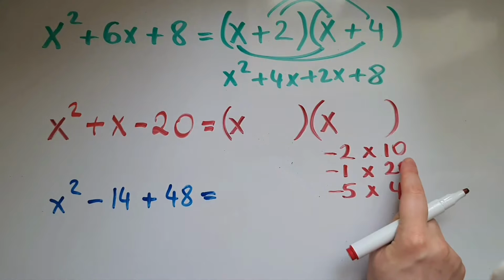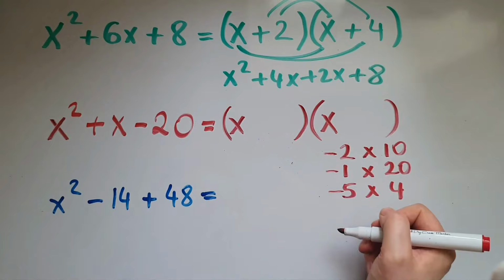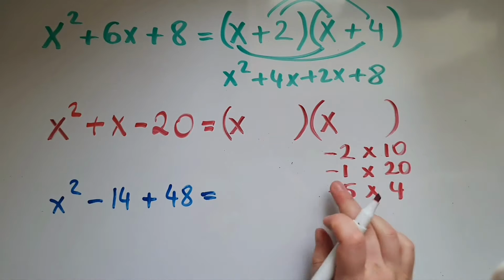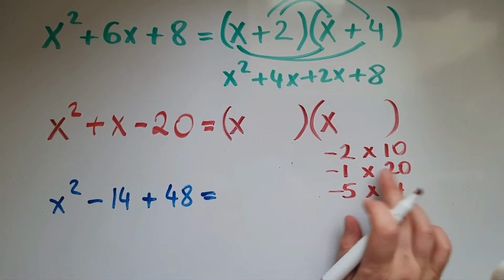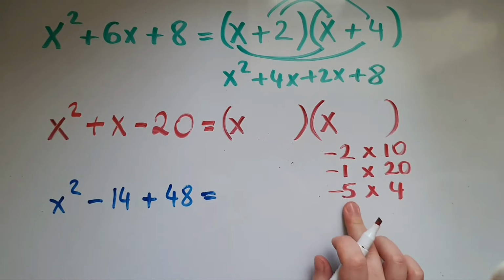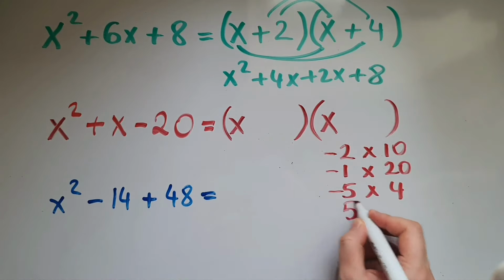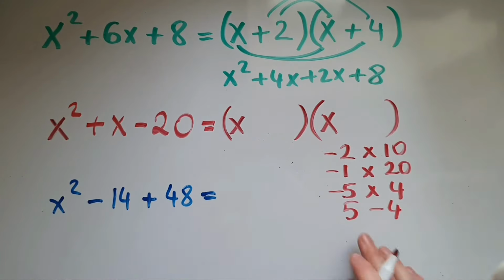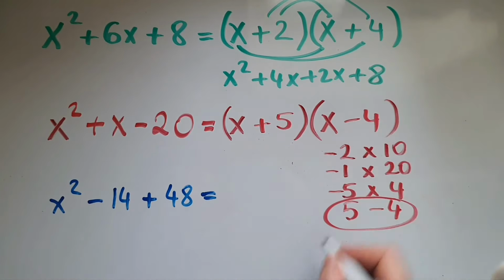This doesn't. Either way, even if we do negative 10 add 2. And this one doesn't either, even if we do negative 20 add 1. Looking at this one, negative 5 add 4 will give us negative 1. But if we do 5 and negative 4, the answer would be 1. So this is the pair that we're after: positive 5 and negative 4.